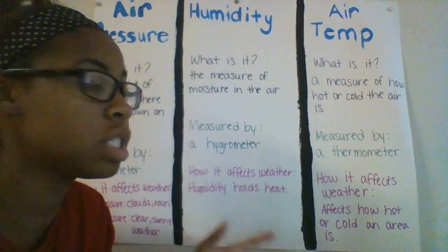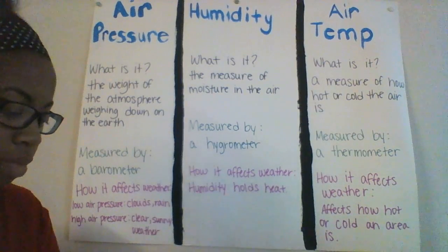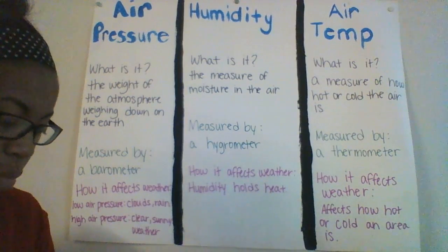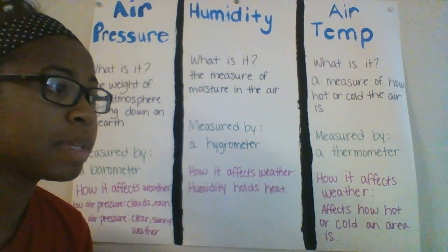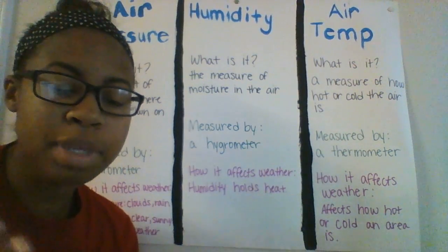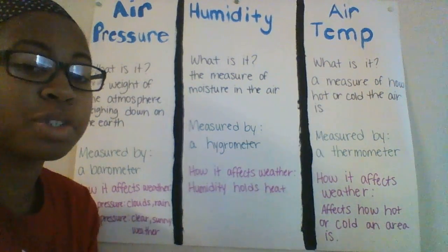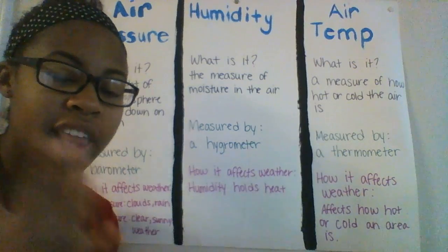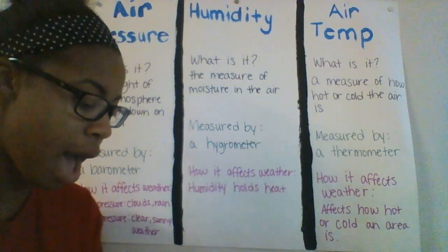Now, humidity holds heat. The water vapor in the air holds the heat. So when we go outside and it's really hot outside, sometimes you sweat, but sometimes it feels like your sweat isn't evaporating or isn't leaving your body. That's because there's so much water vapor in the air that it just sticks to your skin, and your clothes can stick to you.